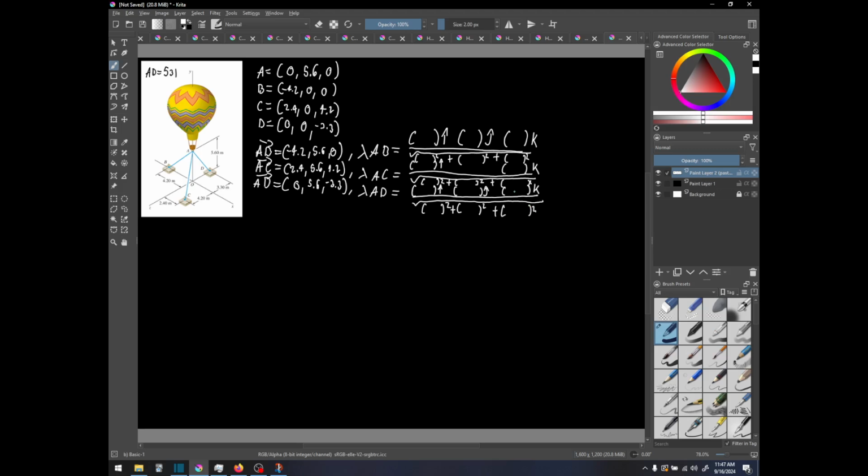Very tedious. Extremely, extremely tedious. 0, 5.6. Actually, they're all going to be 5.6 here. It's the only Y value in the whole thing, so we just throw 5.6 down right here.